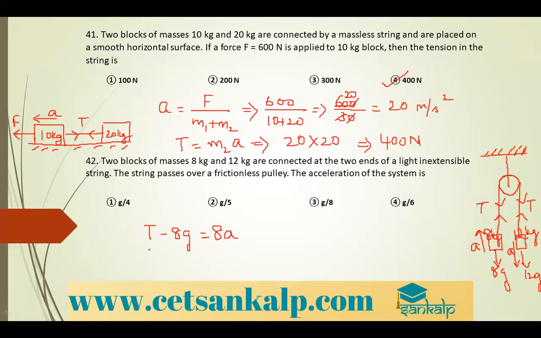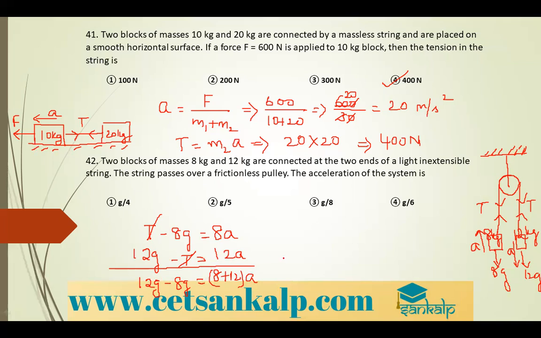Next, 12g minus T is equal to 12a. So adding both the equations, T and T get cancelled. So it is 12g minus 8g is equal to 8 plus 12 into a.